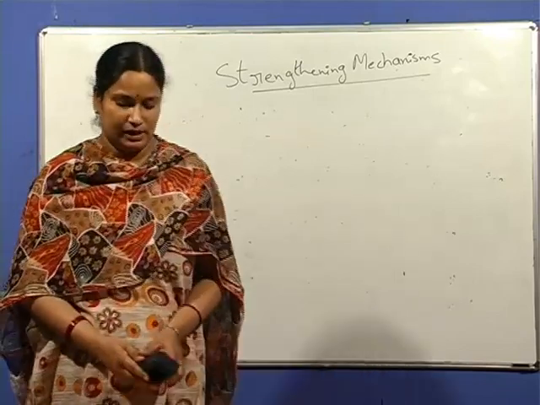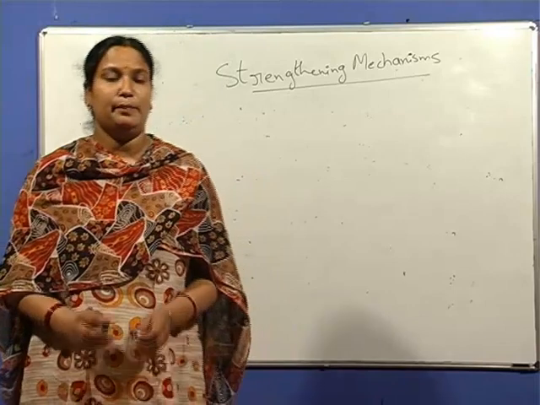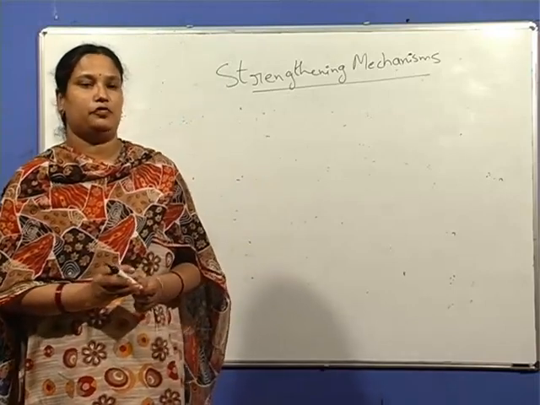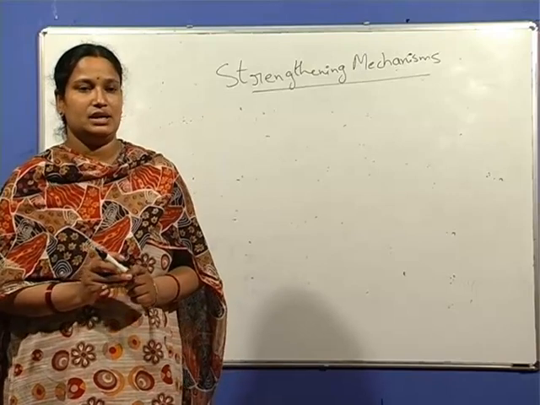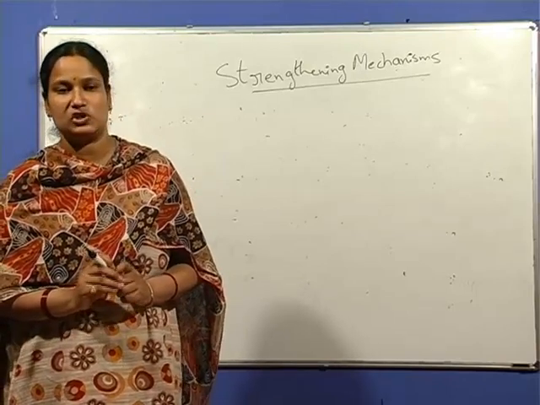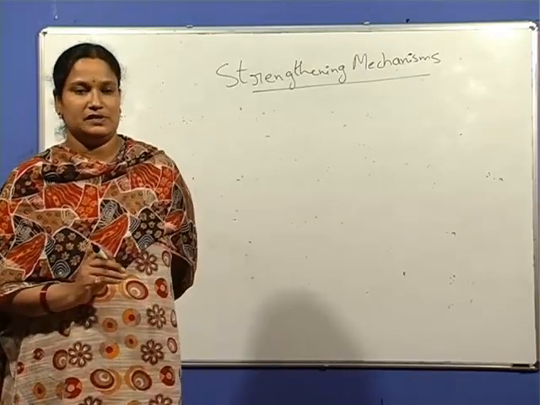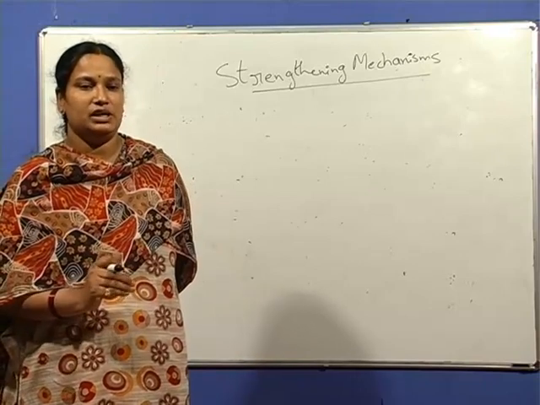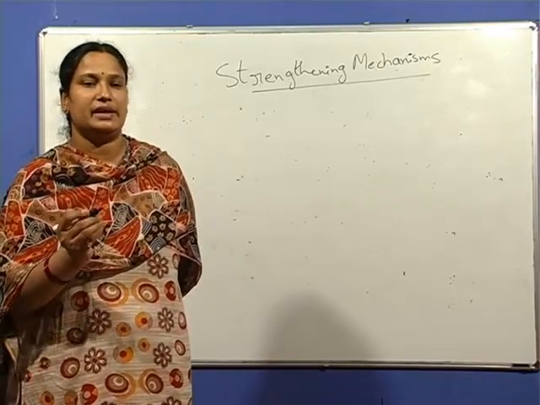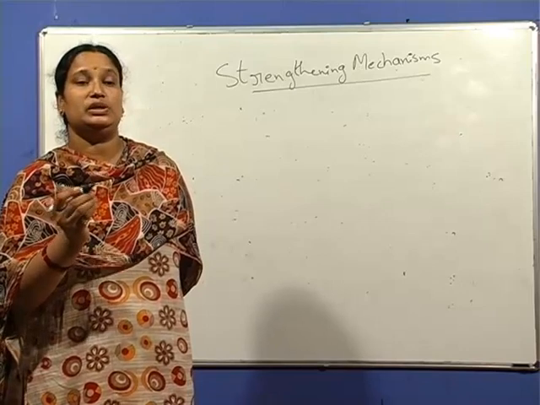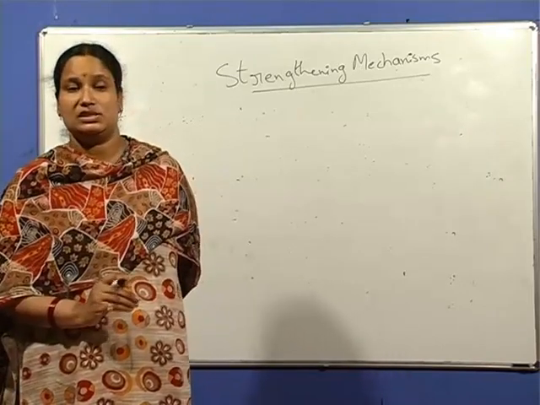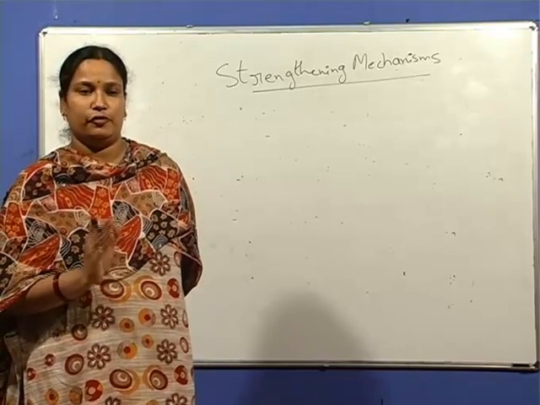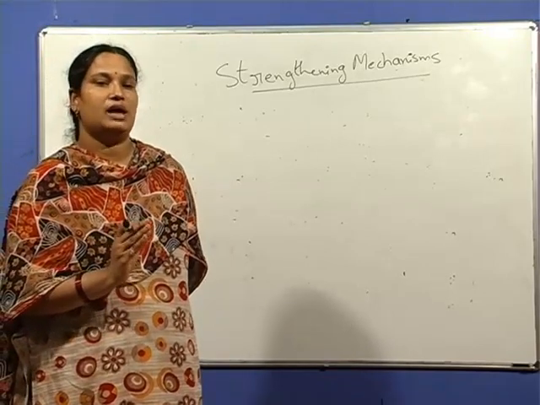So for precipitation hardening, the main requirement for an alloy to be precipitation hardenable is that it requires a sloping solvus. Sloping solvus means solubility should increase with increase in temperature and solubility should decrease with decrease in temperature. This is the main requirement for an alloy to be precipitation hardenable.